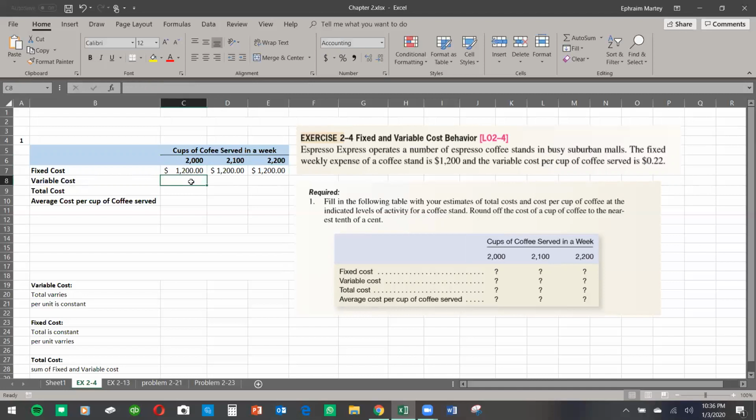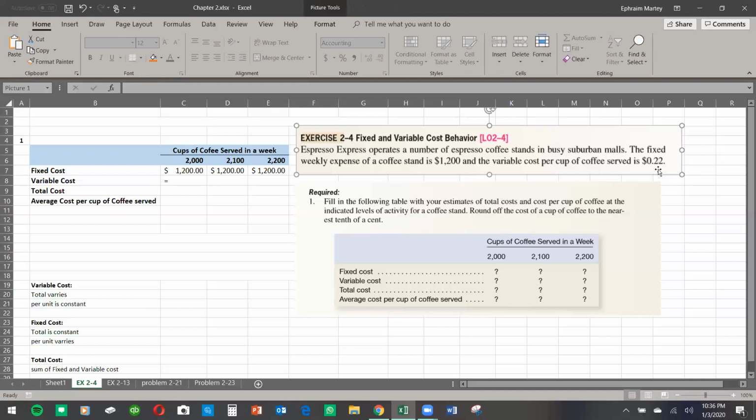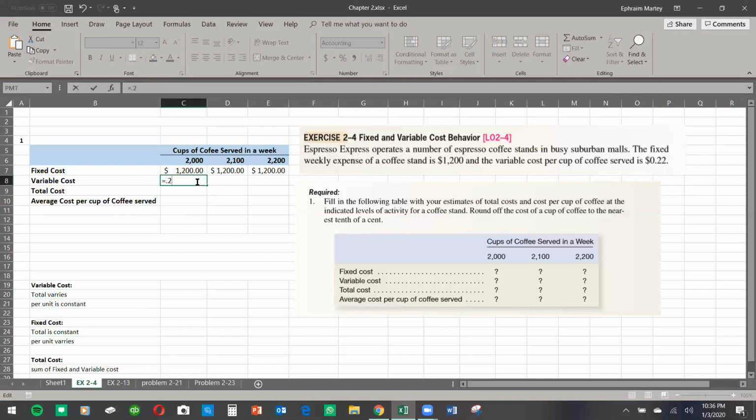When we go to variable cost, we have been given that the variable cost per cup of coffee is $0.22. Variable cost per unit is constant, does not change, but the total will change. So the variable cost will be $0.22 times the number of coffee cups served. That is the total.